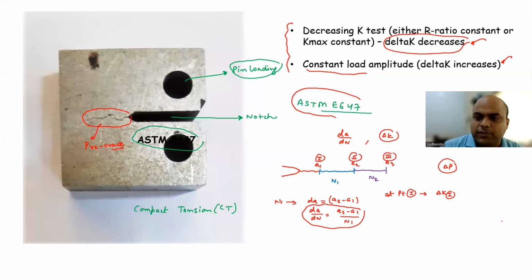Delta P is known because you are doing the test, so you know delta K1. Similarly, you know delta K2. To plot delta K, you have to take the average of these. That is one of the methods you can use.